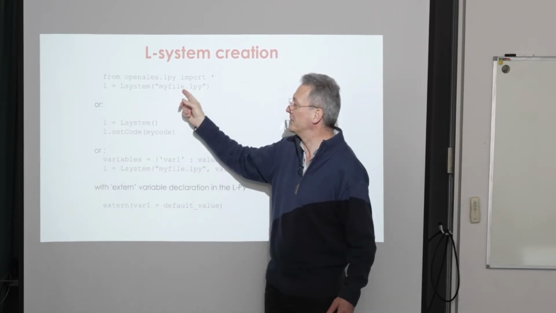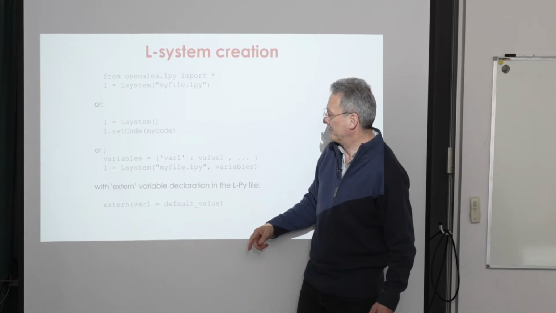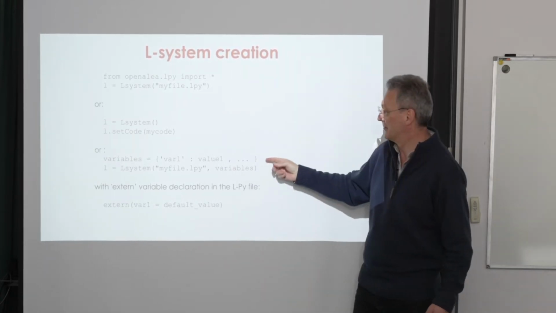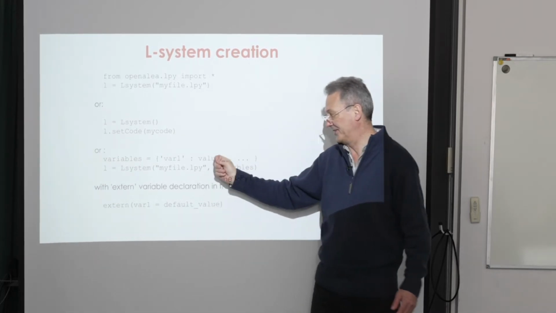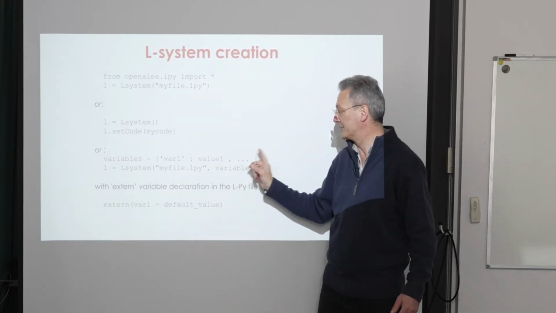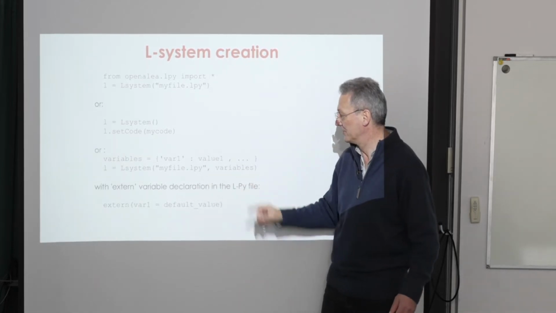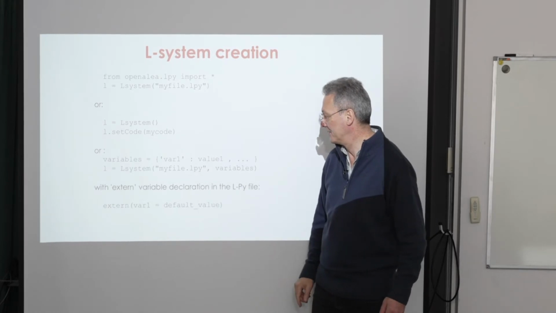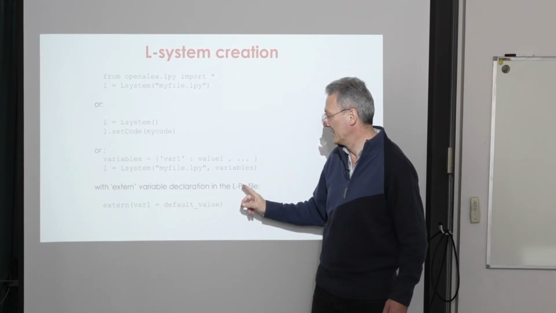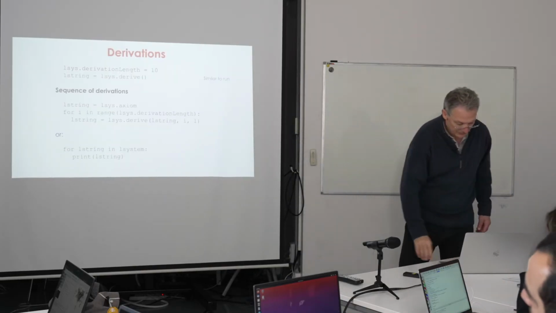So either you read a file or you give a string of characters. To create the variable, this is what we said. You just create a dictionary, and then this variable var1 and var2, etc., should be declared as being extern, and then you create your L system by passing the corresponding dictionary. This is a bit redundant, sorry, with what I was saying before.